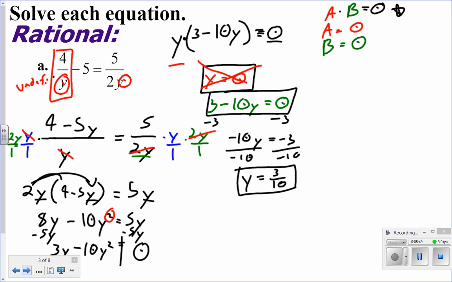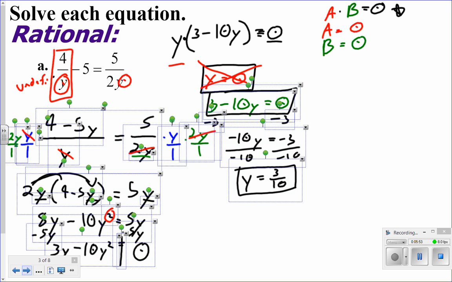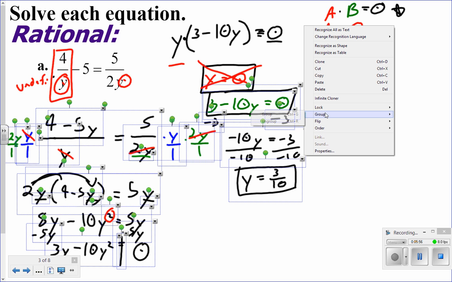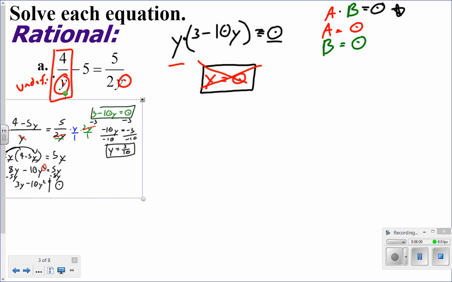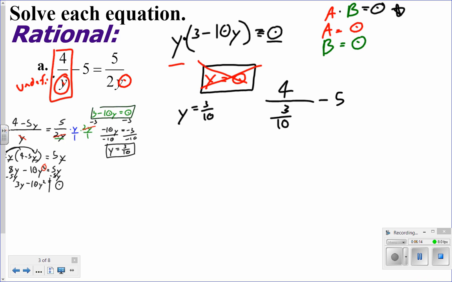So to check to see if 3/10 is a solution, I'm going to go ahead and try and save some room here and plug it in. Okay, so if y is equal to 3/10, we would have 4 over 3/10 minus 5 is equal to 5 over 2 times the quantity of 3/10.